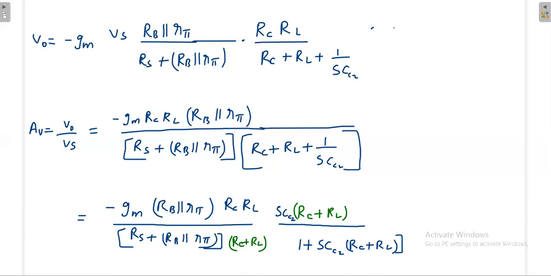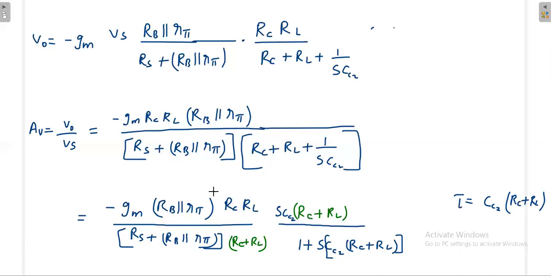If you see properly, this is like s tau divided by 1 plus s tau. Now, what is tau? Tau is equal to C C2 (RC plus RL). Tau should always be in the format of RC. Again, here we are having some gain terms.